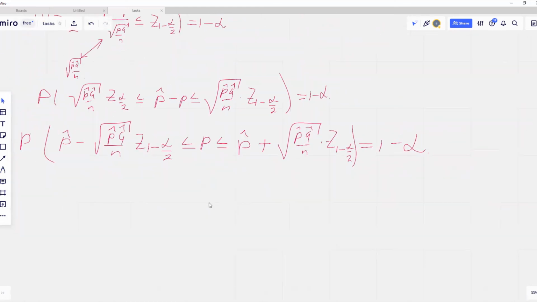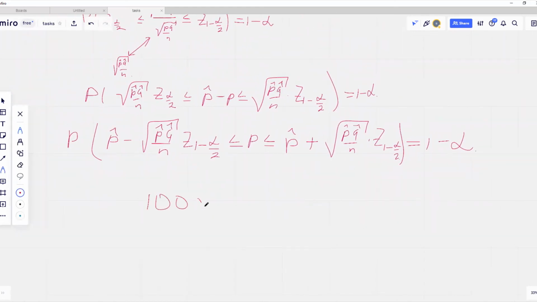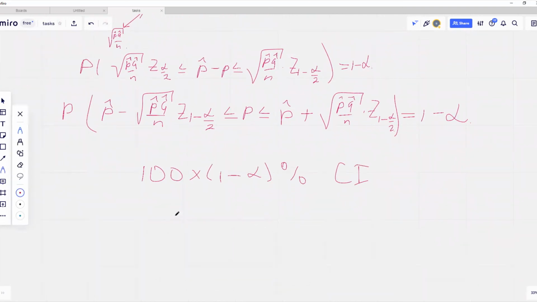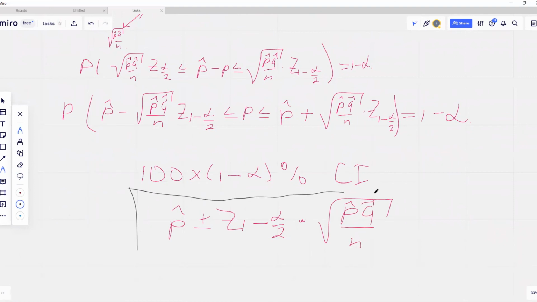Okay, so finally our 100 multiplied by 1 minus alpha % confidence interval is given as p hat plus minus critical value z 1 minus alpha over 2 multiplied by the standard error, which is root of p hat q hat over n. All right, so here is the confidence interval for binomial proportions using normal theory methods.